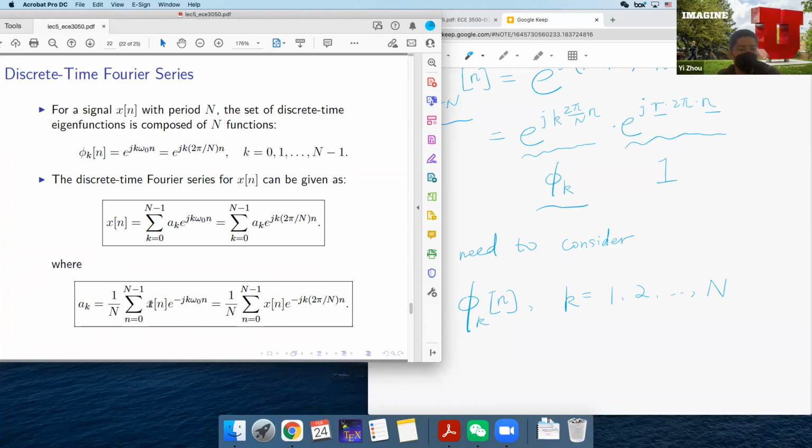Given the signal and the fundamental period, you first work out the fundamental angular frequency, which is 2 pi over capital N. Once you have that, you plug in x[n], the signal, into this formula, and then calculate this summation.